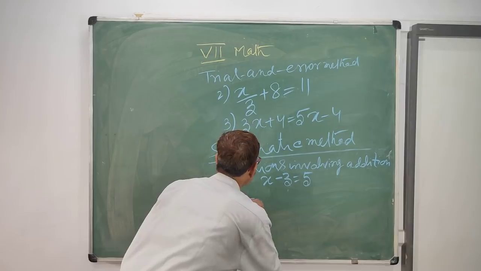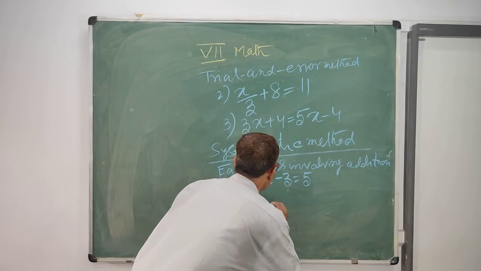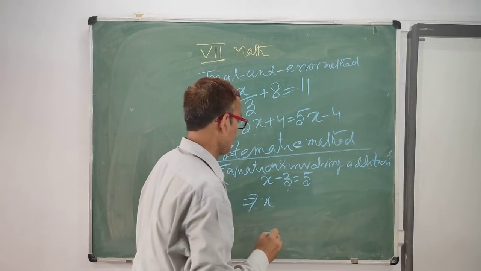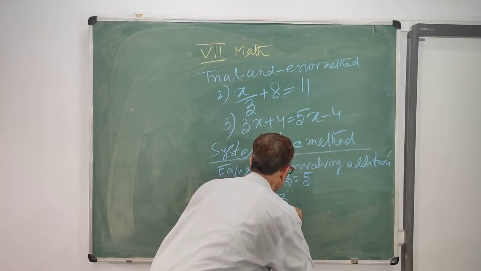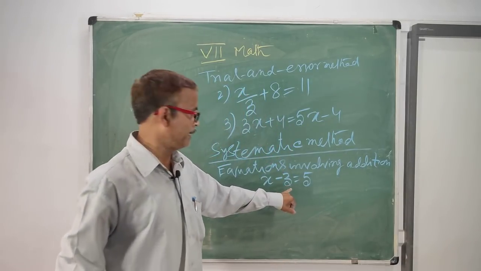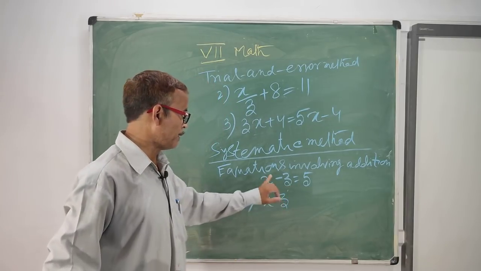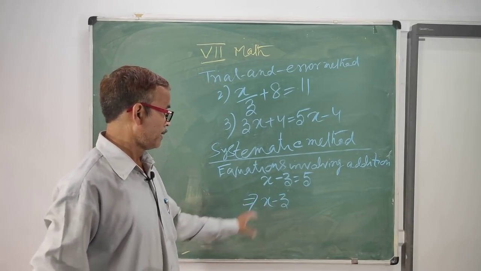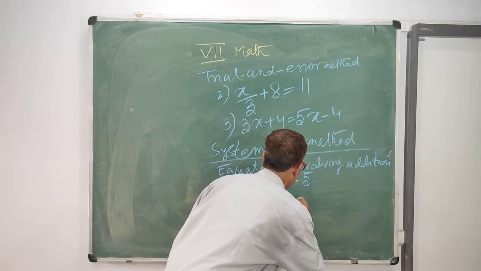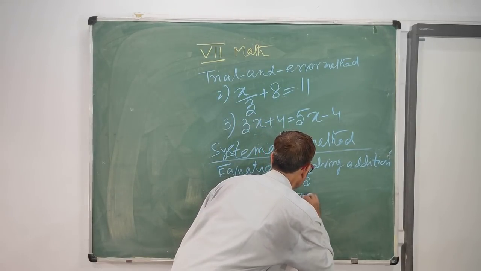So here x minus 3, the left hand side constant term is minus 3, then you have to add the same number but opposite sign, means 3.